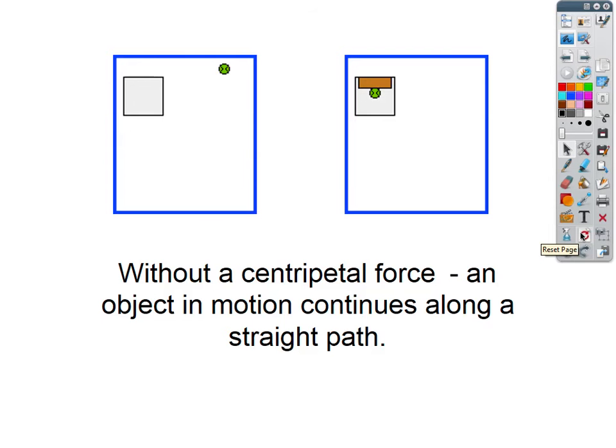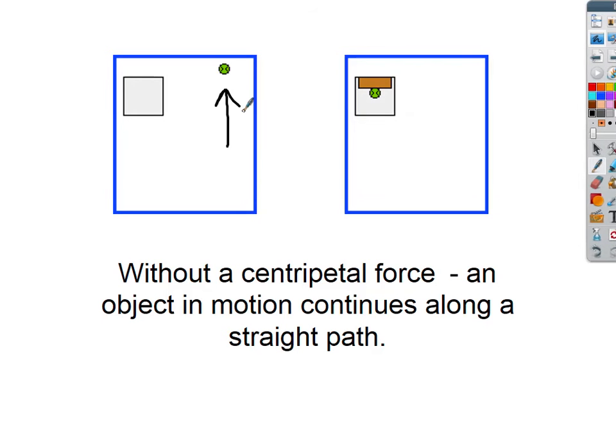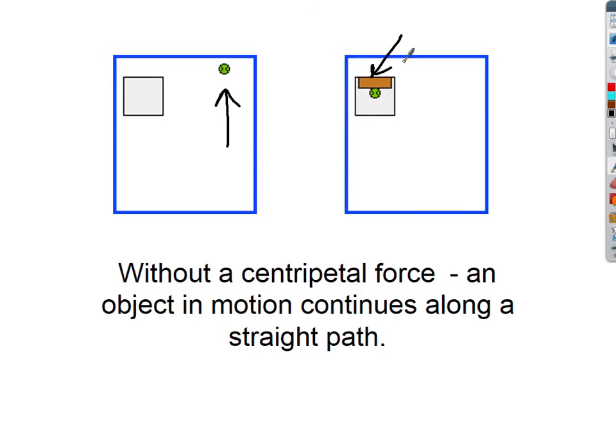Without this center-seeking force, this object will keep going off in a particular direction. The thing is, in my second diagram, I have a little object blocking the tennis ball, and so that is creating this center-seeking force, a force pointing toward the center of the circle. If this keeps on moving around and around and around, it'll always keep pointing toward the center of the circle.